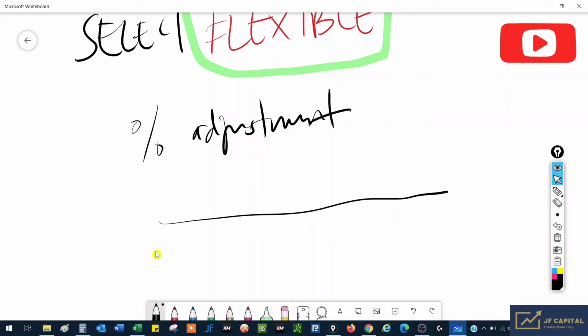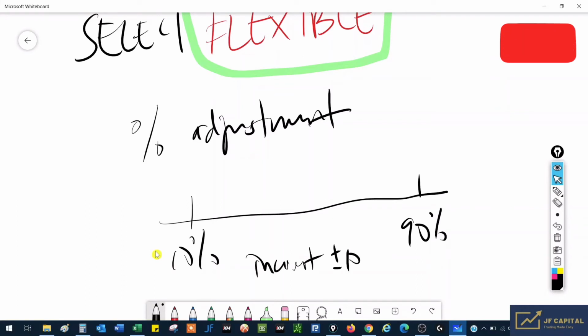There's 10% until 90%, so each increment is plus minus 10%. So there's 20, 30. How do you adjust this setting?